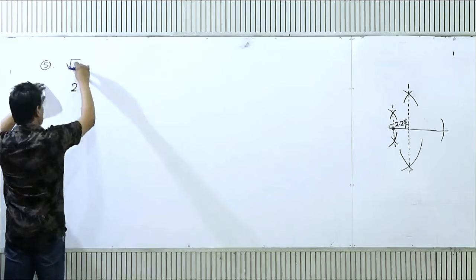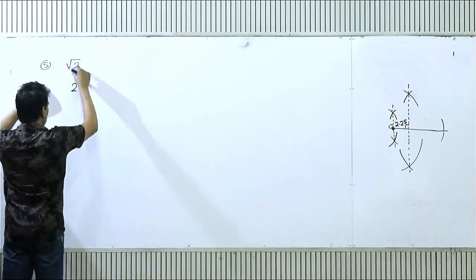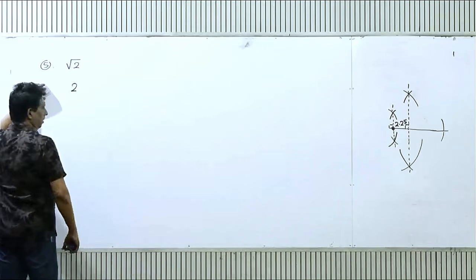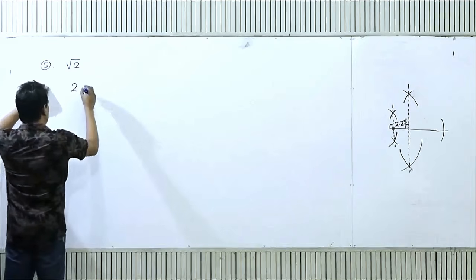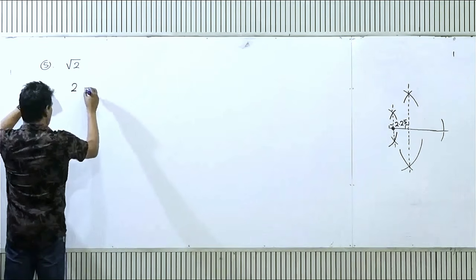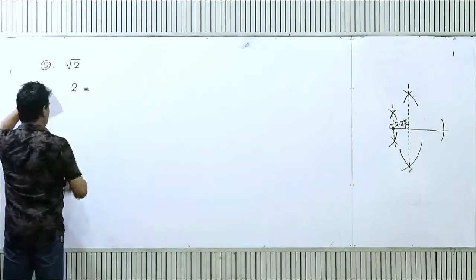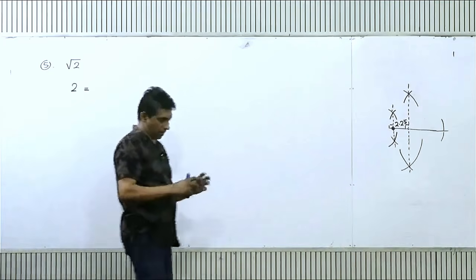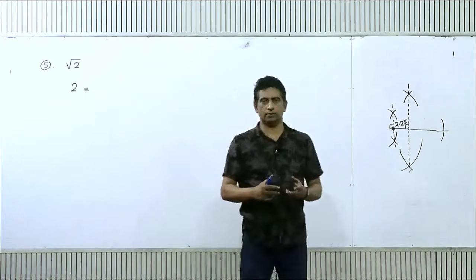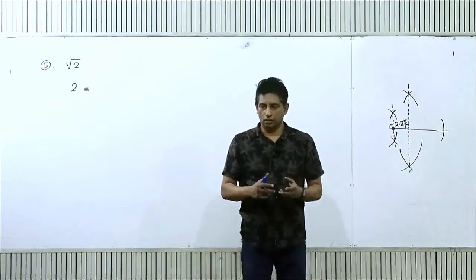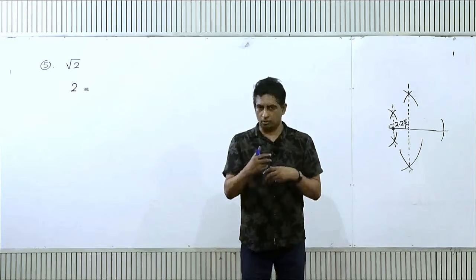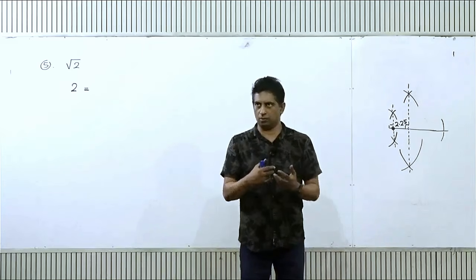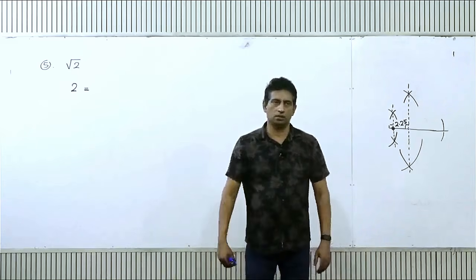That means without the square root, you have to take this number out. That means 2. Now you have to express this number as an addition or subtraction of two numbers whose square roots we know.